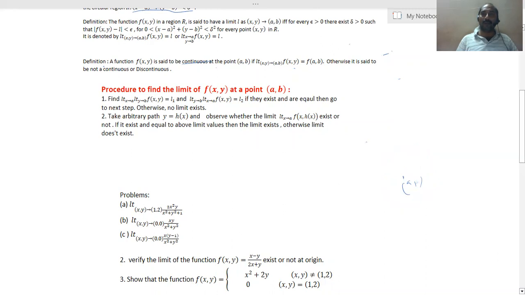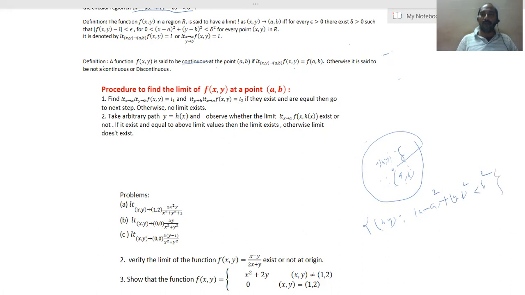Taking a point a comma b in the coordinate system with some radius delta, it is just like a circle. Take all the inside points in one set. That means the set of all ordered pairs x comma y such that the distance between the point and the reference point is less than delta.